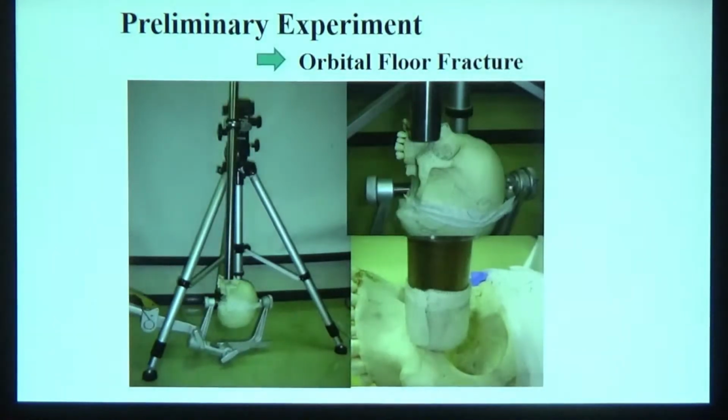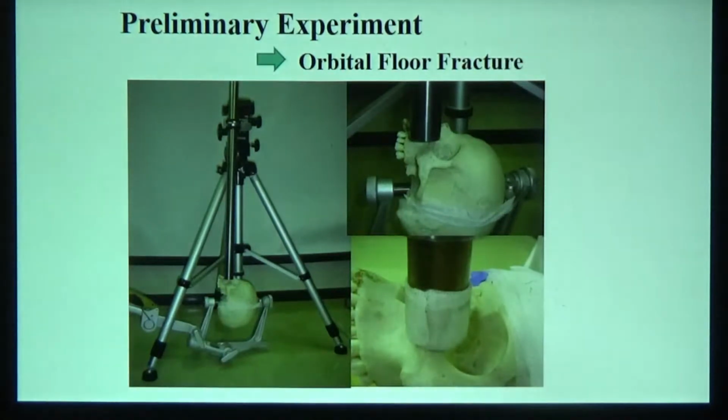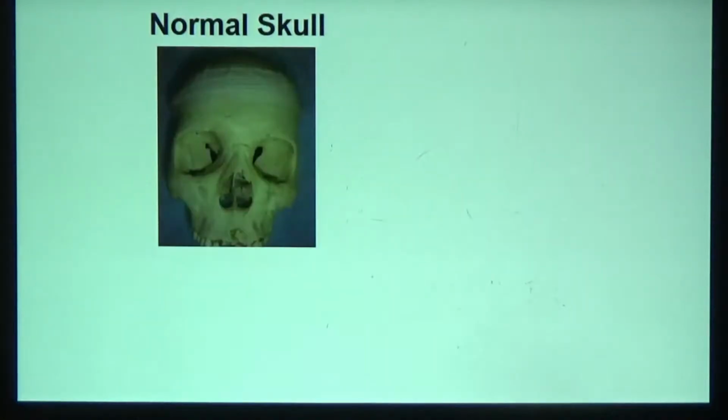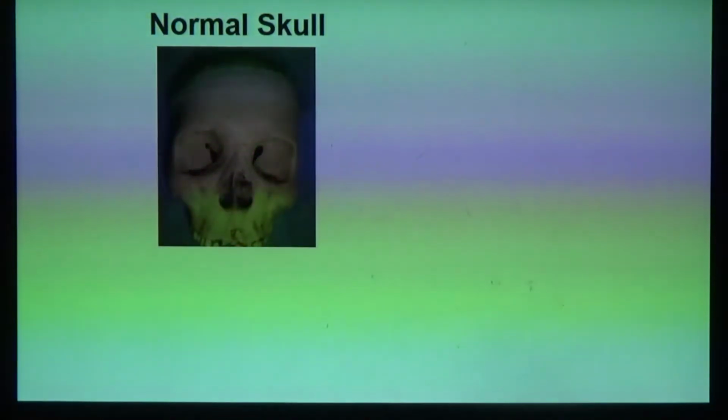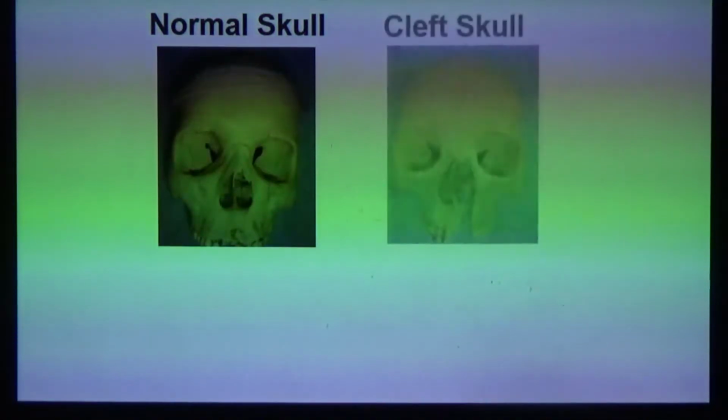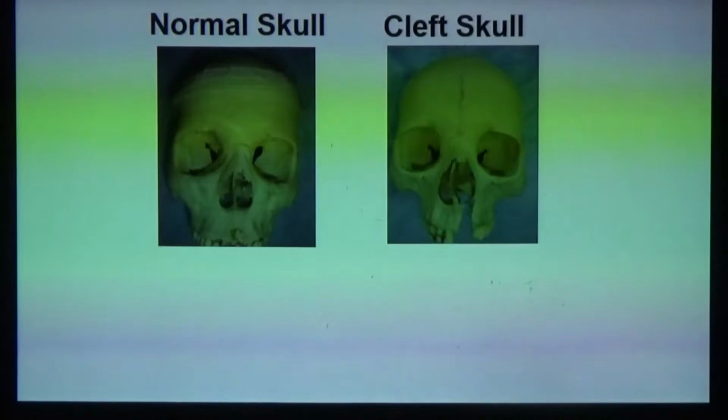First, as a preliminary experiment, I prepared dry human skulls and struck the orbits of the skulls by dropping a weight, just as we did in the verification experiment for blowout fracture. I used some of the skulls as they were. However, with others, I removed part of the maxilla to replicate the condition of cleft palate.